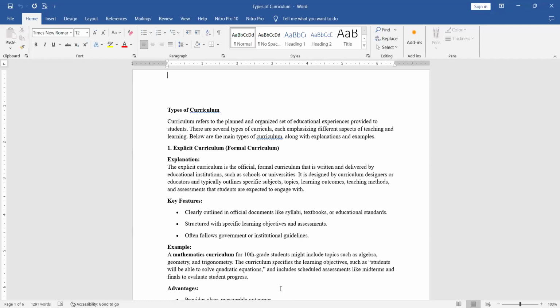So the written curriculum of a school or a campus or an institute is the document that specifies what is to be taught, what subjects to be taught, how to assess them, what are the methodologies to be used, etc.